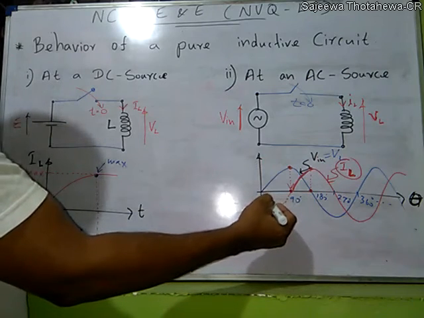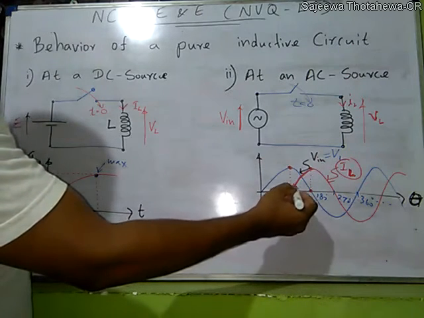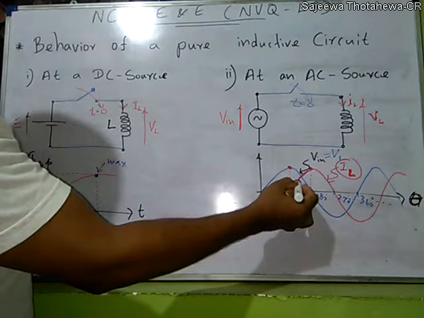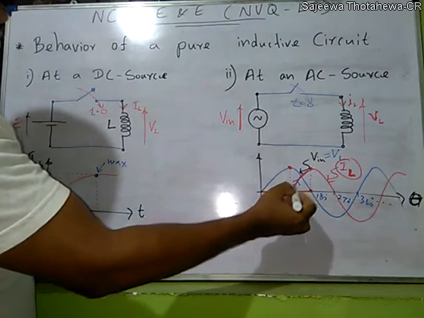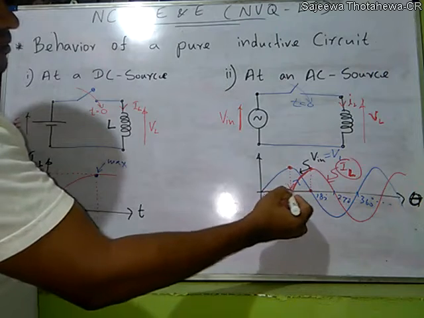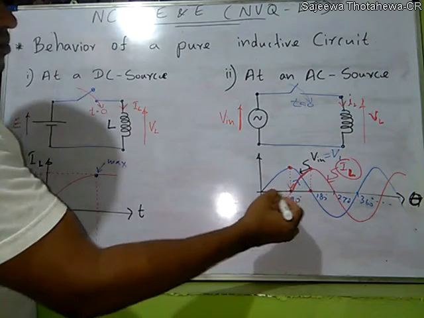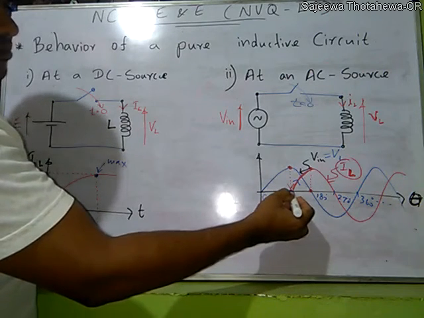Here we can say the inductor current starts after 90 degrees. That means the inductor current is lagging.